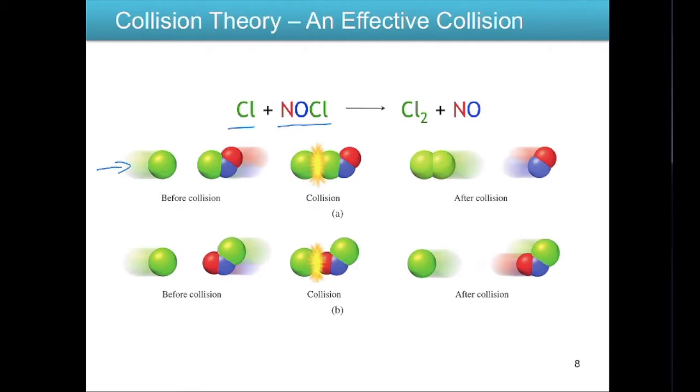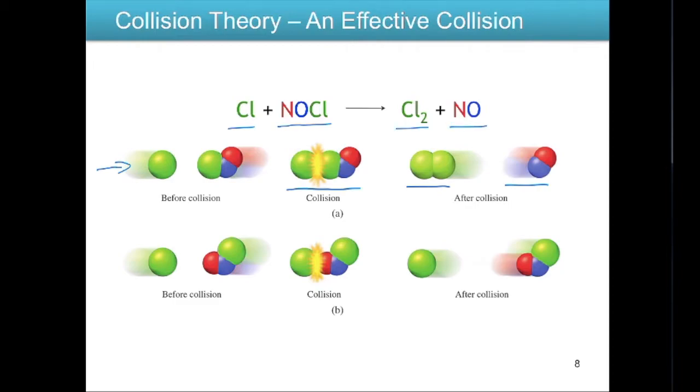As they collide, we have what is called the activated complex or the transition state. And as that activated complex is present, electrons and bonds are being rearranged so that when they finish reacting, we end up with products, right? Our Cl2 and NO.